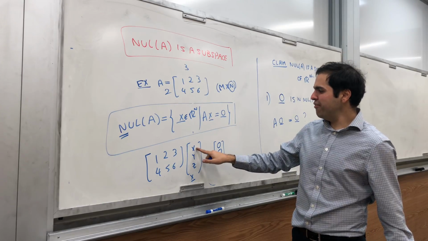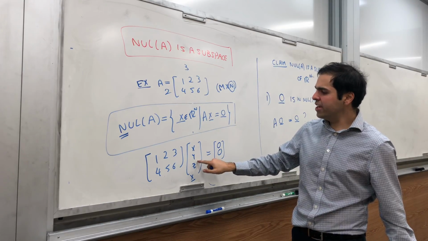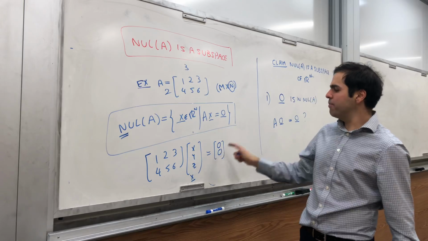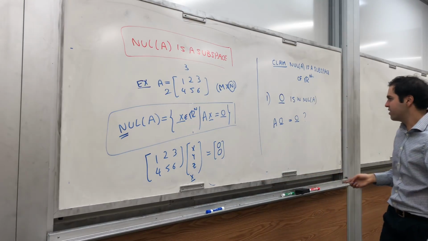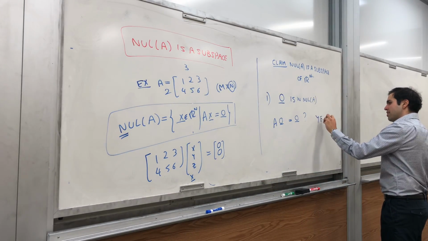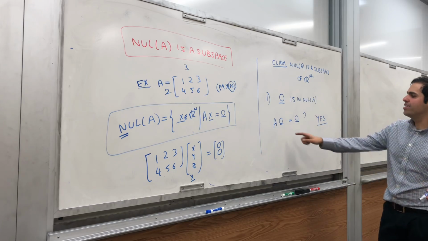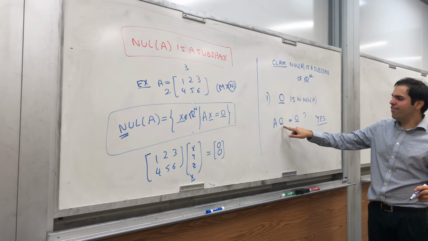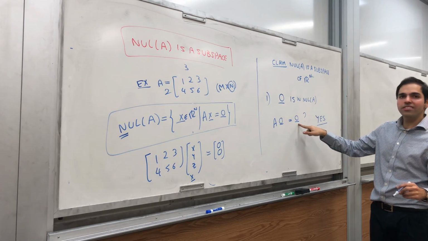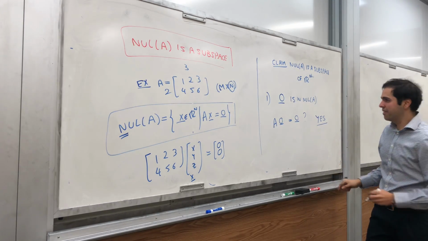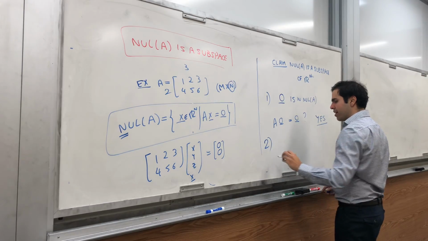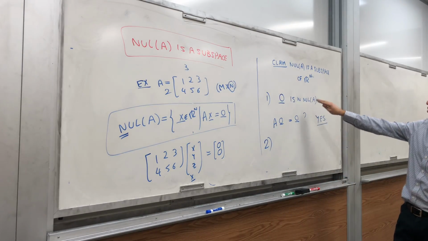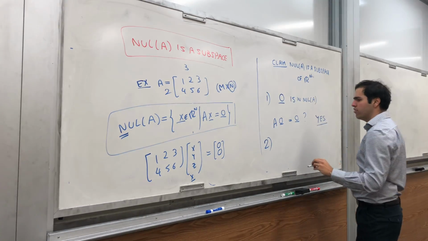In other words, if we take 0, 0, 0 here, is this matrix times the 0 vector the 0 vector? Yes. And by the way, strictly speaking, those are 2 different 0 vectors. That's the vector in Rn, like R3 here, and this would be the 0 vector in R2, okay, Rm. But anyway, it is true, so 0 is indeed in the null space of A.